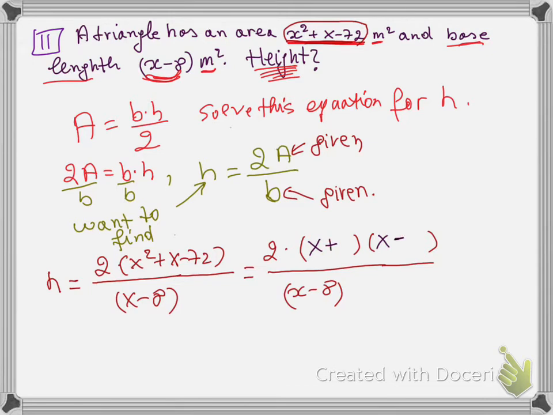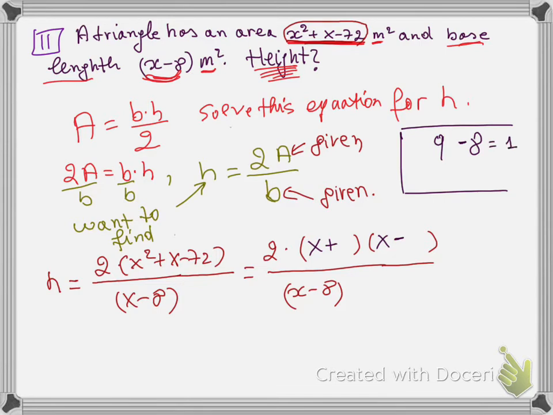Let's look at the factors of negative 72. Well, what I'm thinking of is 9 and 8. 9 times 8 is 72. And if I have 9 times negative 8, that will give me negative 72. And 9 minus 8 is 1.